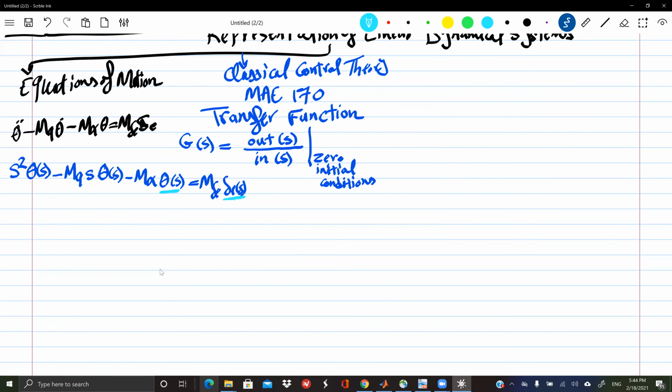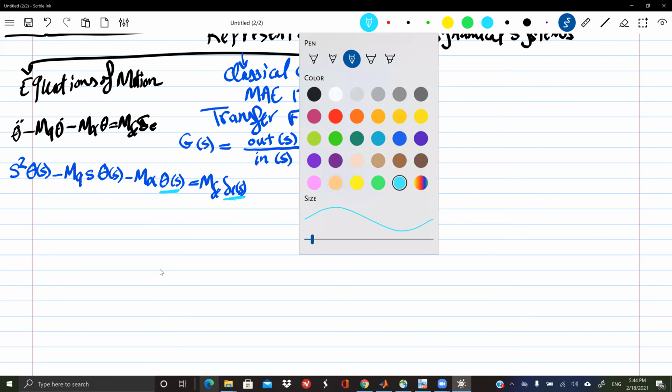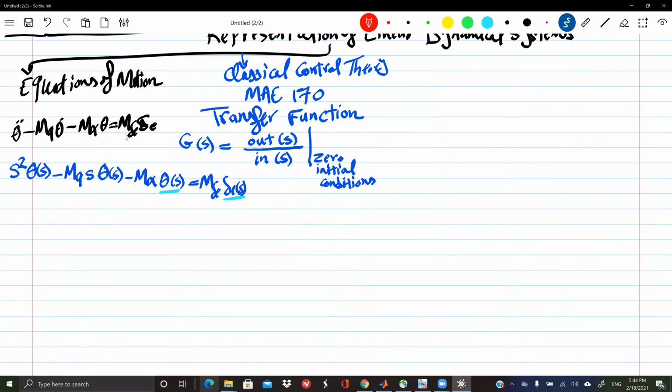And here in this equation, you immediately realize the usefulness of the Laplace transform. Why? Because in the black equation, I had theta double dot, theta dot, and theta. They were three different animals. I could not add them together or do anything. The Laplace transform transfers this differential equation into an algebraic equation.